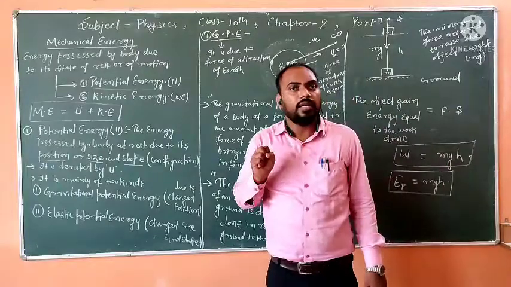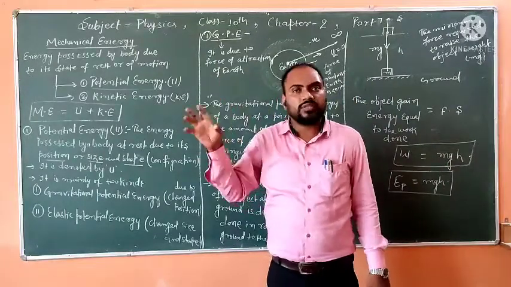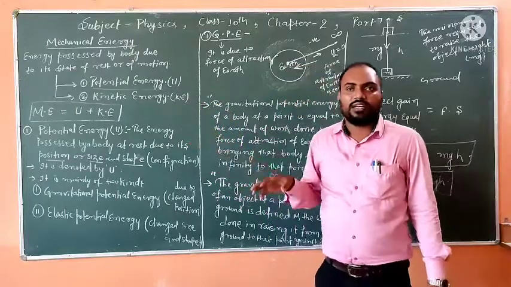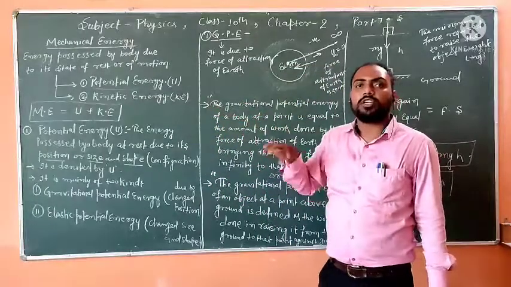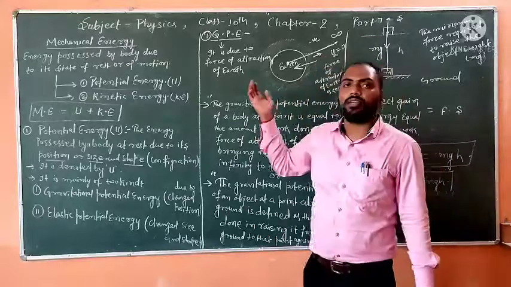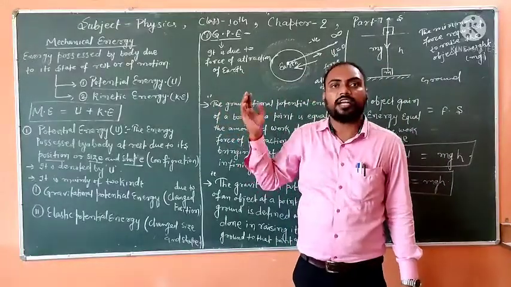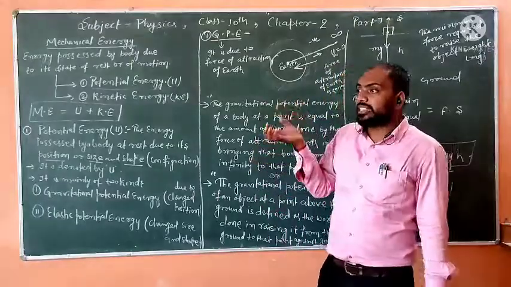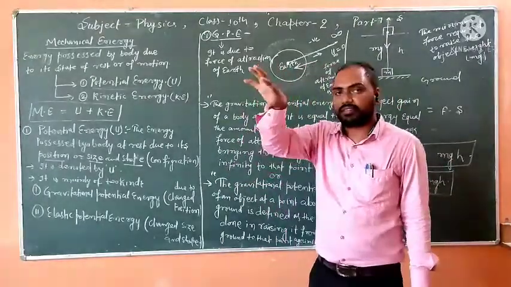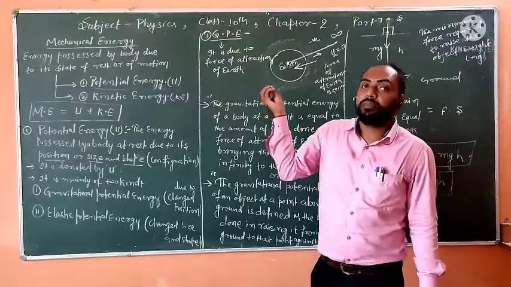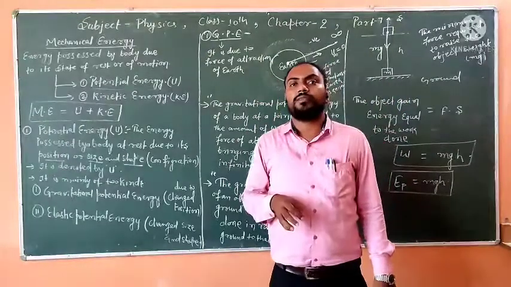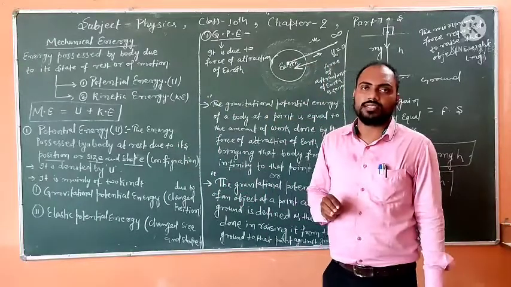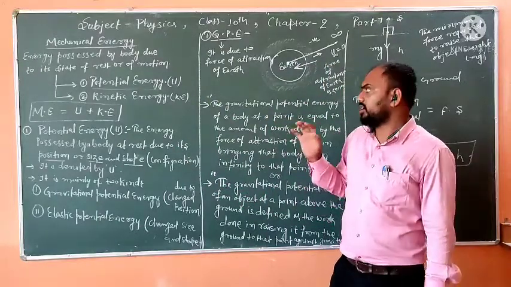For example, many planets and particles around the earth are not attracted towards the earth because they are out of the gravitational field. If any metal or substance is within the gravitational field of the earth, it will be attracted towards the center of the earth.